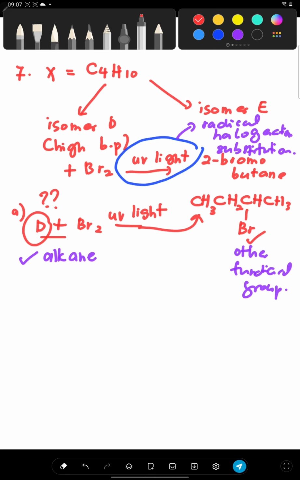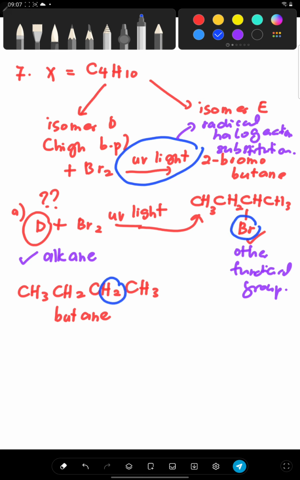So the starting material should be like this: CH3, CH2, CH2 and CH3. And the starting material is butane. It means that one hydrogen here is substituted with bromine at the end of the reaction. So this is your starting material. This is your answer.